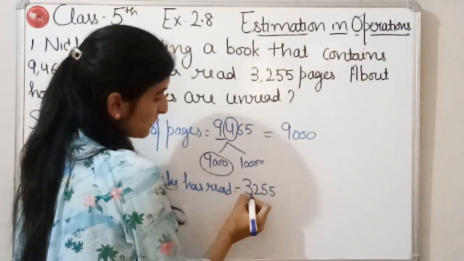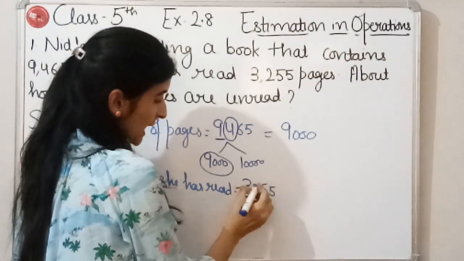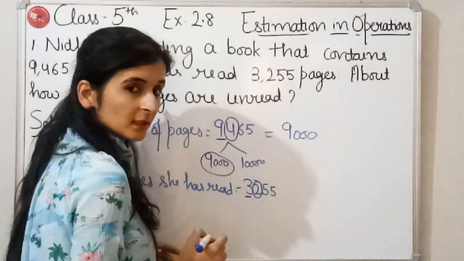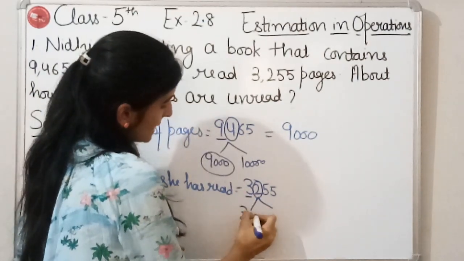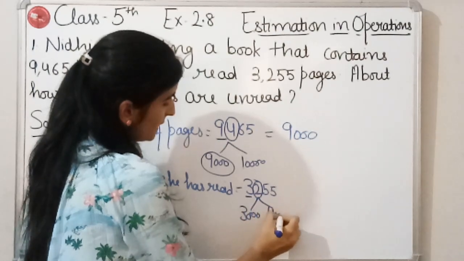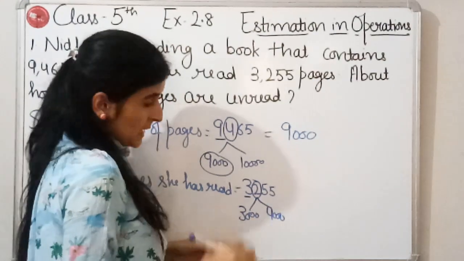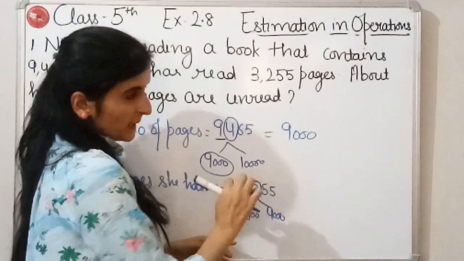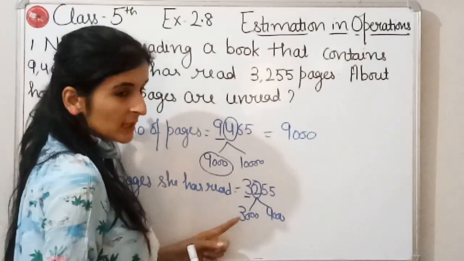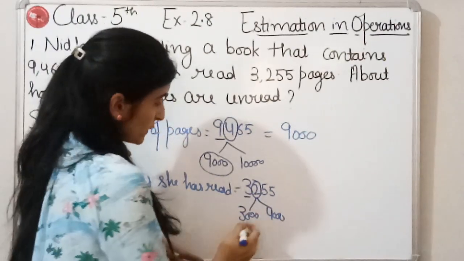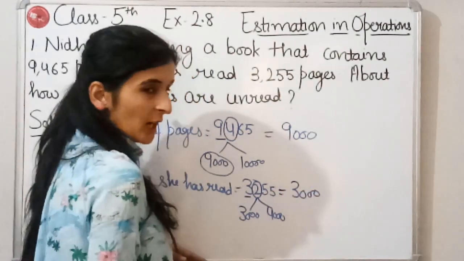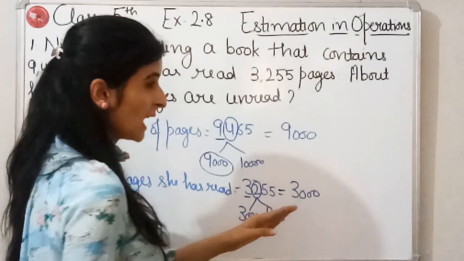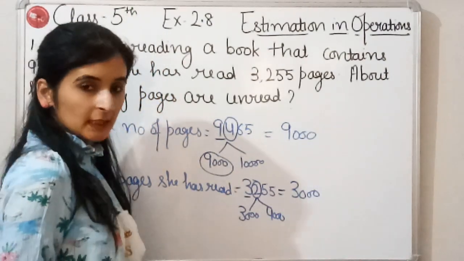Now on thousands place there is 3, and on right hand side there is 2, and now we know that it lies in between 3,000 and 4,000. Then we have to compare this 2 with 5. This 2 is less than 5, so it will be rounded down. That means it will be rounded to 3,000. It means around 3,000 pages she has read.